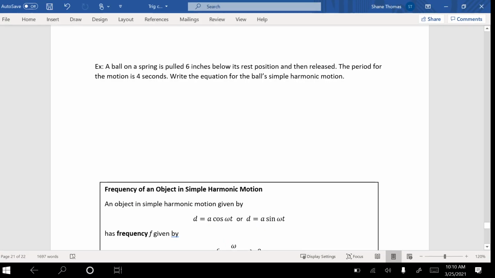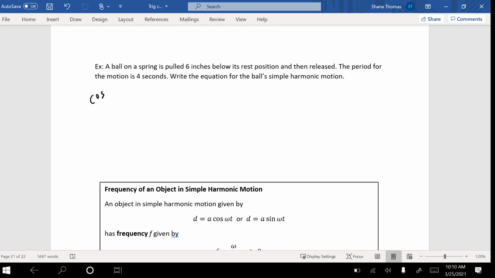All right, so I have to find, first off, what type of function it is. Second, what my A is, and then what my W is. So what type of function is it, first off? Cosine. Why is it cosine? Because you grabbed it and pulled it down before you start the motion, right? So it's definitely cosine.